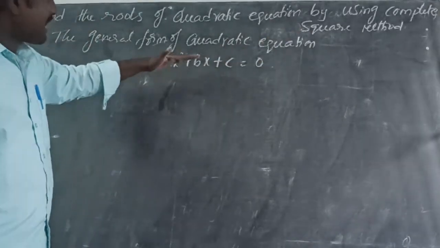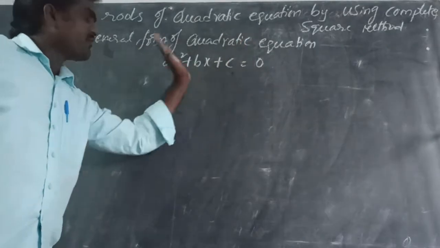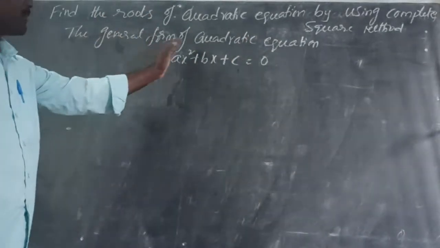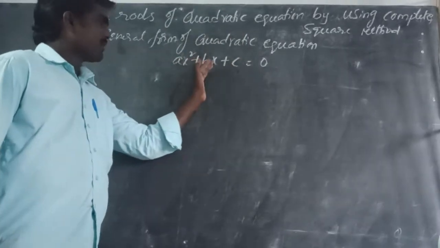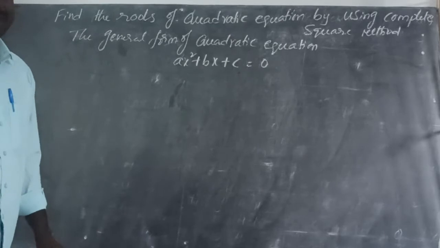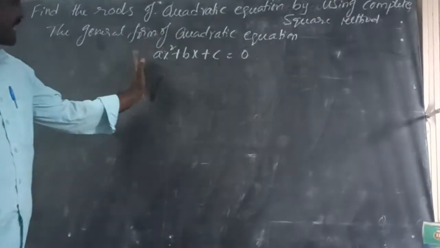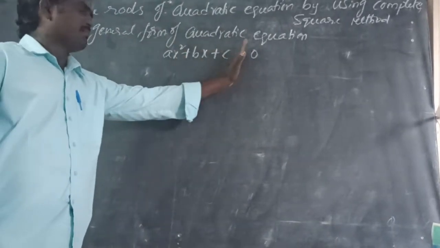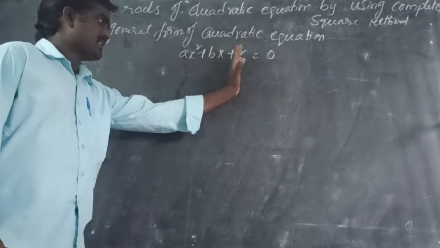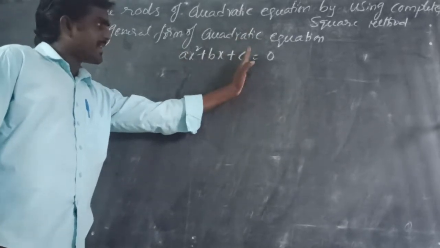So that means the expression, okay, the left side, LHS. The general form of the quadratic equation is ax square plus bx plus c is equal to 0. So by using the complete square method, that means the expression LHS is a quadratic expression.